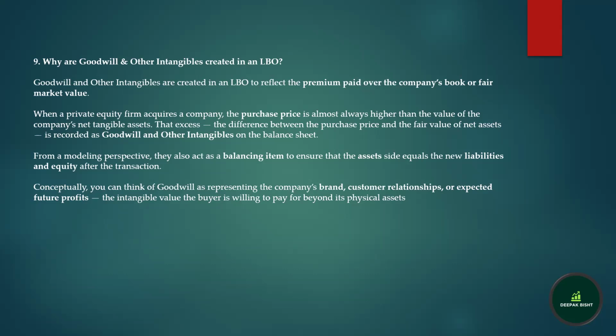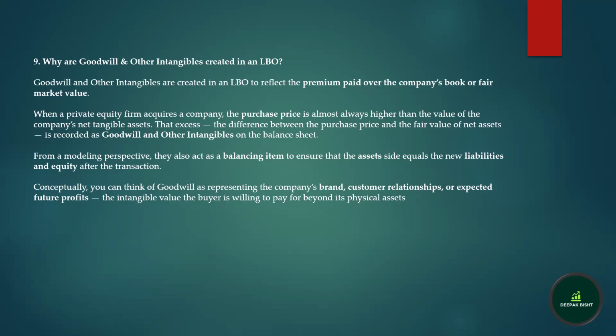Identifiable intangibles are recorded first. You separately record any identifiable intangible asset that can be valued and amortized, such as customer relationships, patents and technology, trademarks and trade names, and non-compete agreements. These appear on the balance sheet as finite-life intangibles. Goodwill is the residual after all identifiable intangibles.